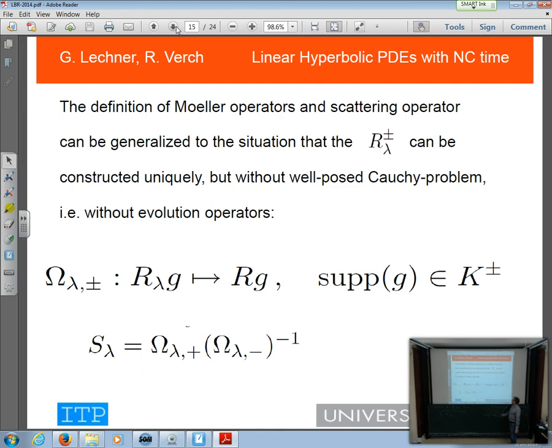Anyway, let's consider the previous situation that we had. So K plus and K minus will be regions to the future or to the past of the support region of the interaction operator. I will soon show a picture.